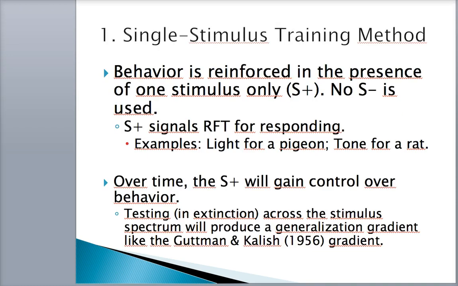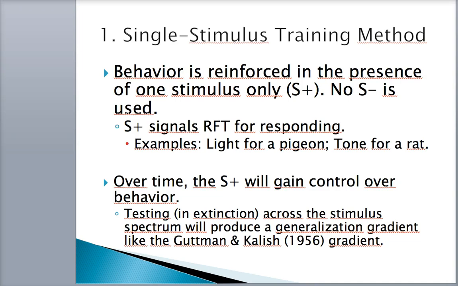So let's talk about the first one first, single stimulus training. In the single stimulus training method, behavior is reinforced in the presence of just one stimulus, an S+. No S- is used. So you have the S+ stimulus. It could be a light for a pigeon or a tone for a rat. And whenever that stimulus comes on, if the animal responds, if the pigeon pecks or if the rat presses a lever, they earn reinforcement.